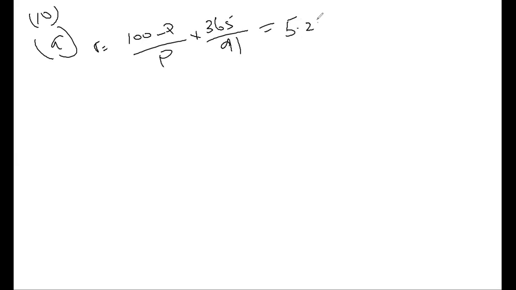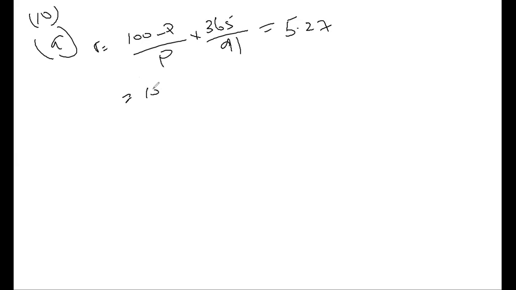We write that R is equal to 100 minus P over P multiplied by 365, and in this case it will be 91 days, right? And this should equal 5.27. So what is the P? The P is what we're trying to find, the price.